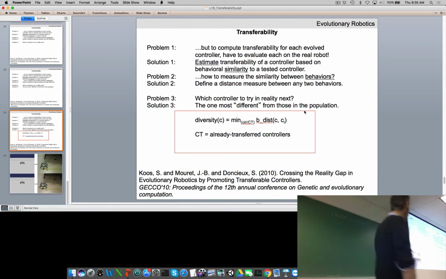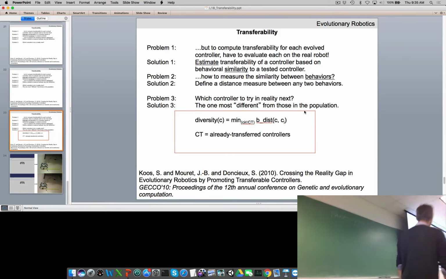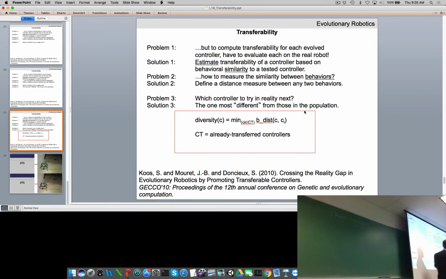Okay, last equation of the day. Here we go. We're going to send a controller that is most different from those in the population, from those in the population of those that have been already transferred, right? We've sent a bunch of things across. The next thing we send across, we would like it to be as different from all the other ones we've sent across so far.